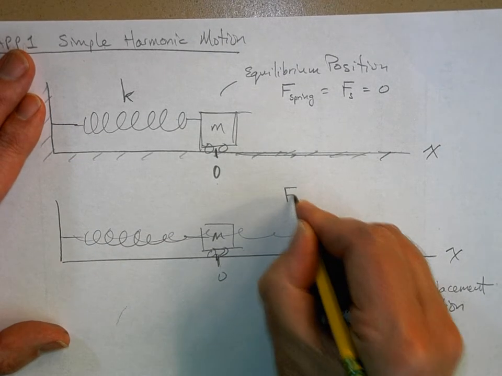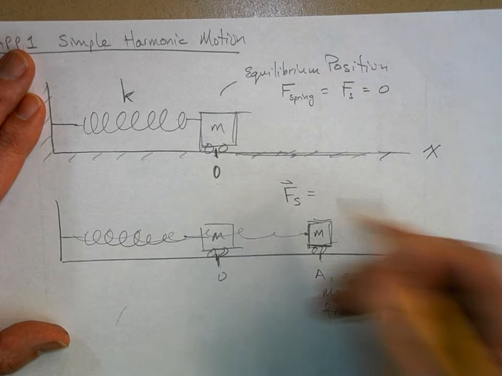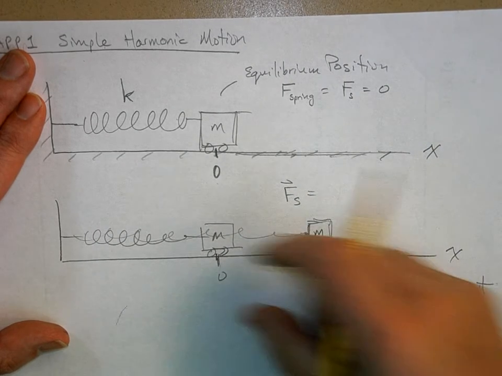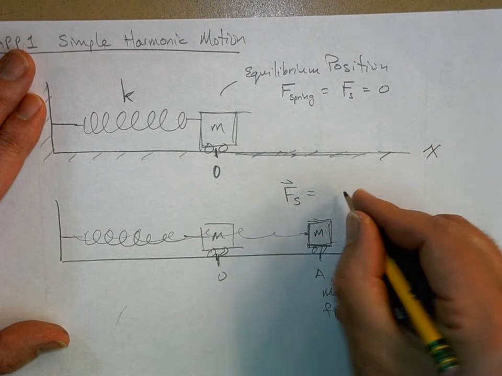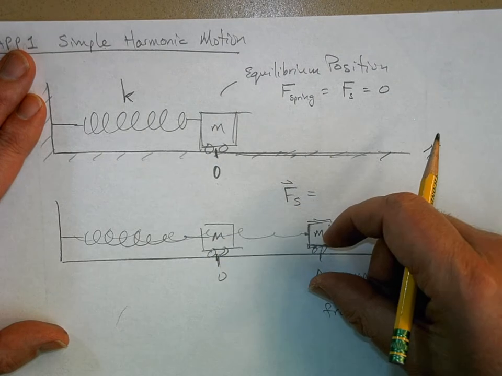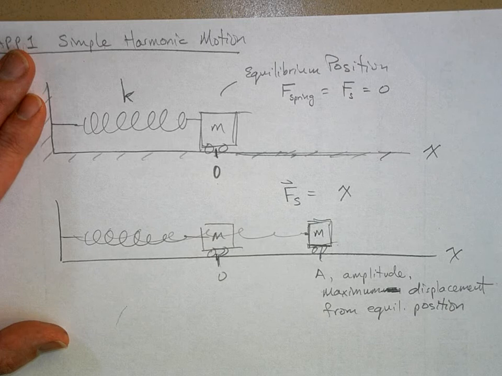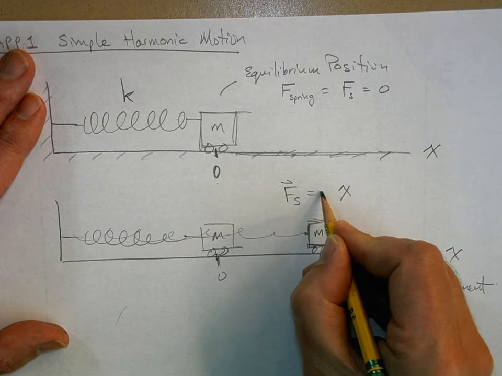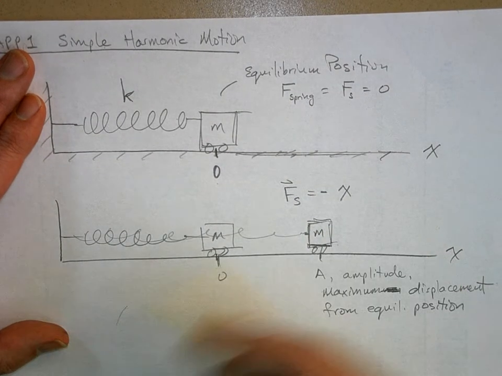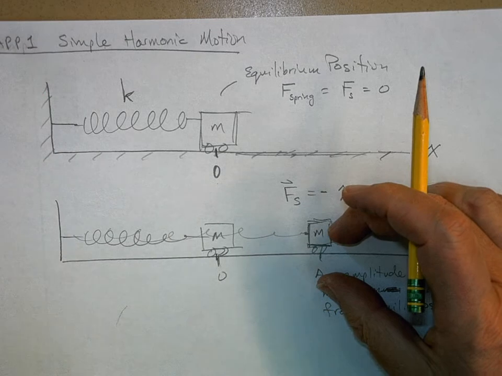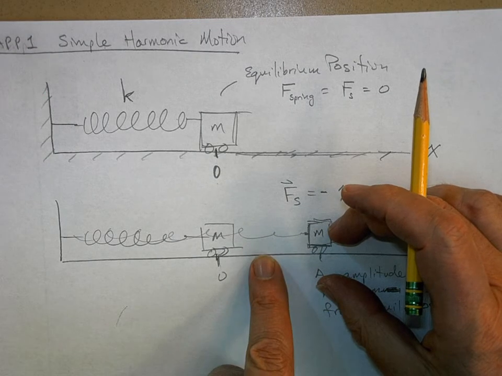The force that a spring applies is proportional to how far I bring it out, X. But it's in the opposite direction of X. If my X is positive, the direction of my force will be negative. Does that make sense to everybody?